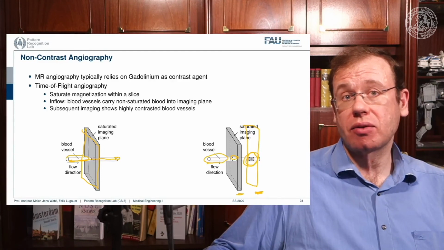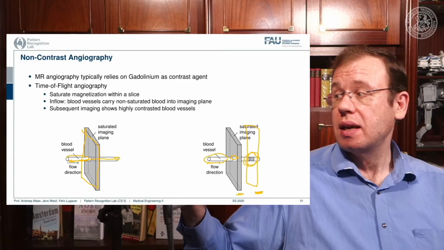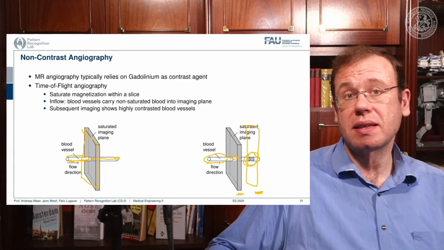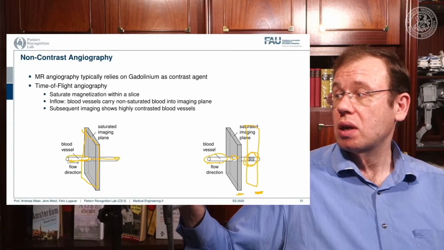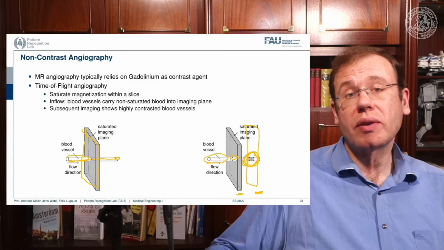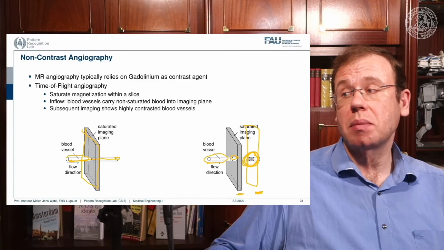It's not like I have to insert iodine or gadolinium or something like that. I just use the magnetic properties of the blood itself and the excitation of the spins as a marker, and then very shortly later I read it out in a different position. And the only thing that is magnetized in that particular slice is going to be the blood.